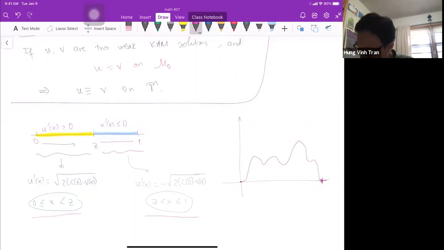So this is 1, this is 0, and we pick a point z so that the weight between the two parts is the same. So maybe you can say that this is the graph of the function root of 2 (c naught minus v of x). Again, you choose it so that the weight in this part is the same as in the other part.